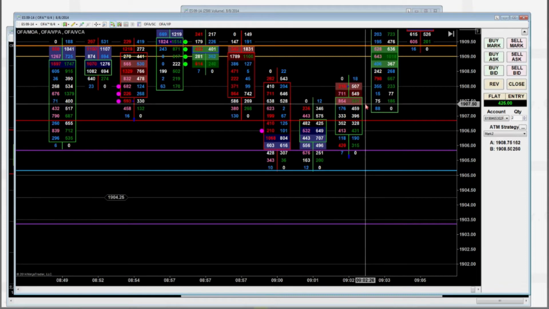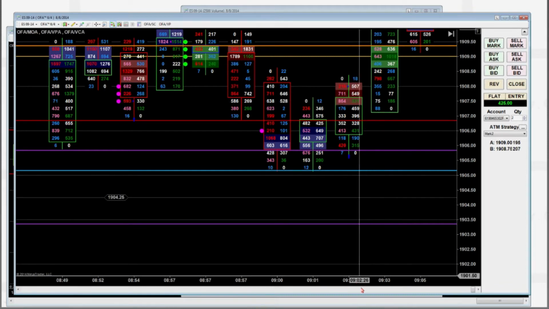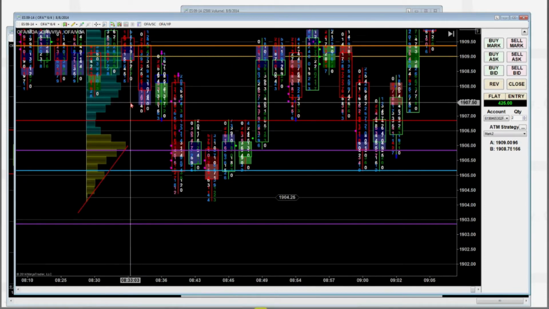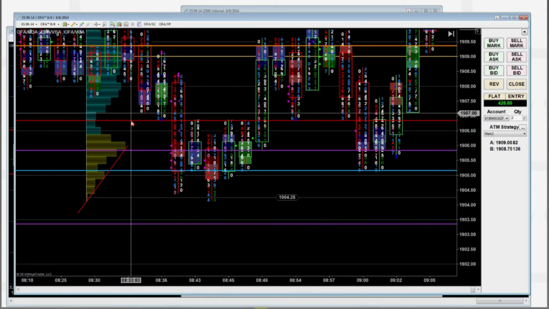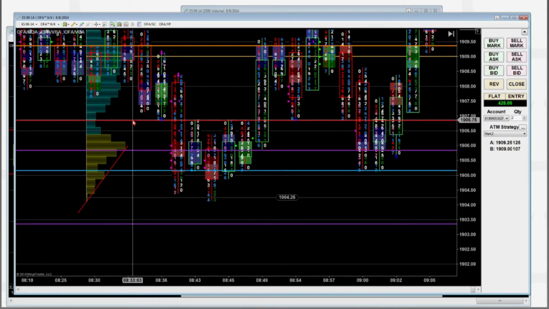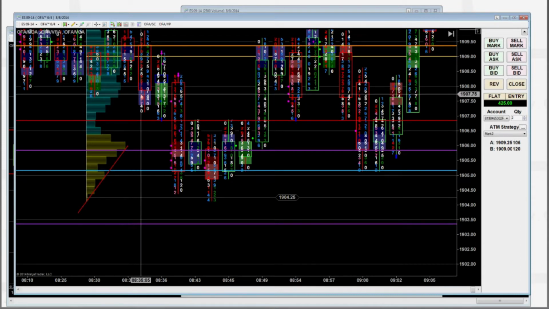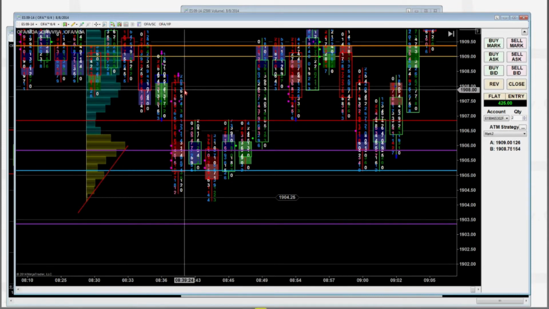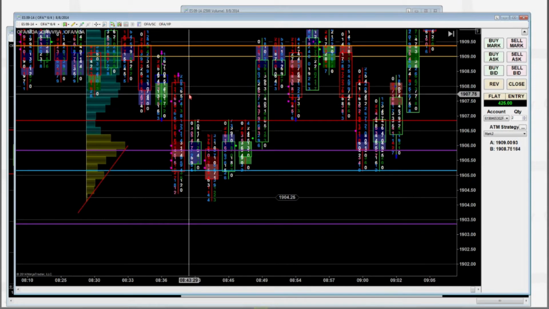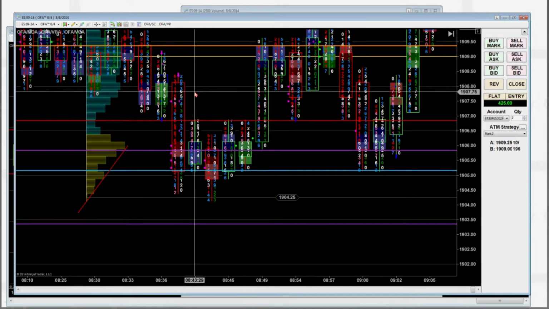I could have put my entry, when looking at the profile, right here at 750. But I wanted to get it more than just a couple of ticks away from that low volume area. So I wanted to put it at 775. I put it at 08. But that's where I wanted to put it, up there, looking for a breakout.